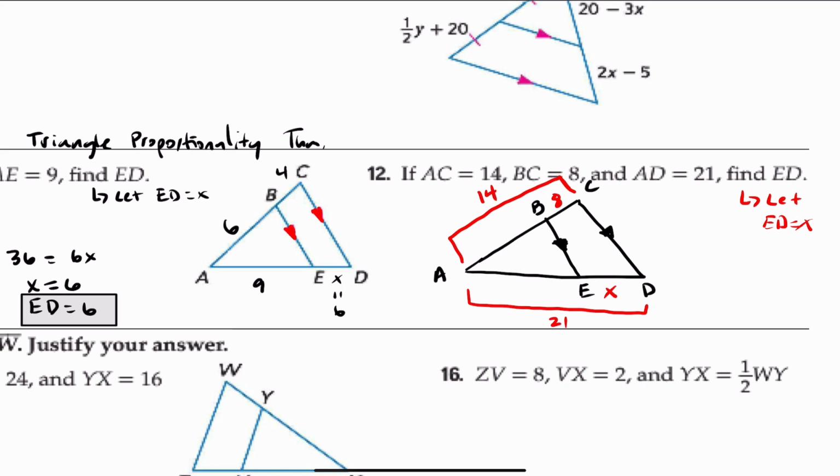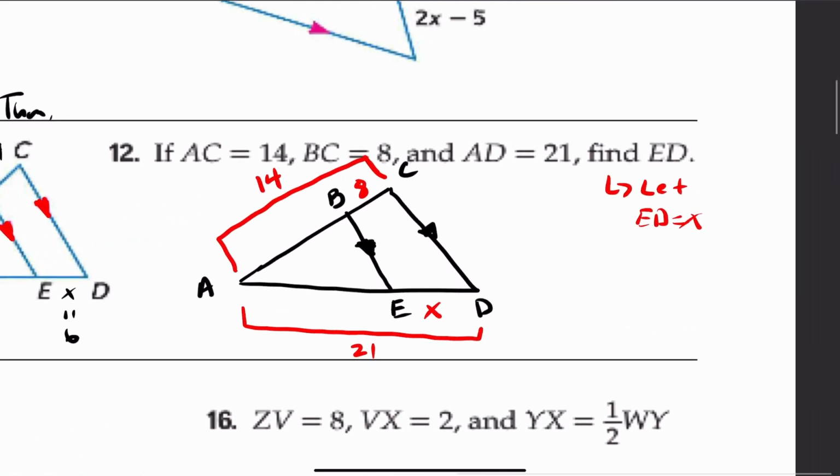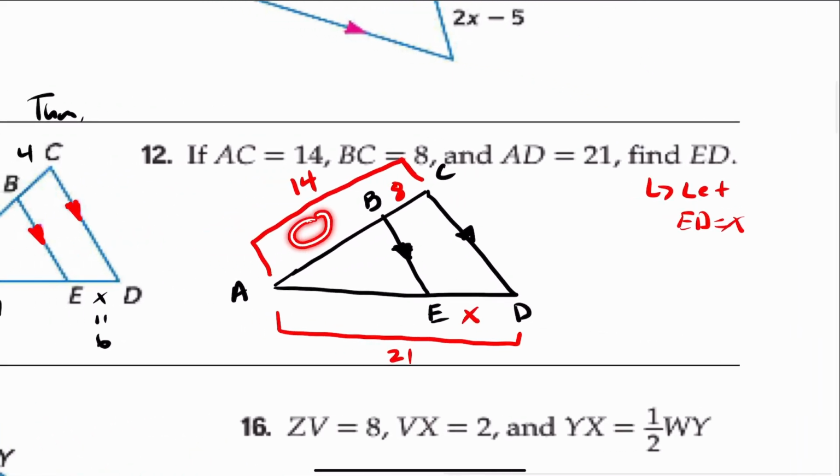So if you notice, we don't have anything here and here. So how am I going to create a ratio between these two segments and equal that to these two segments? Well, this is where you're going to use part plus part is equal to a whole. That's the segment addition postulate, right? So if I have this part plus 8 equals 14.